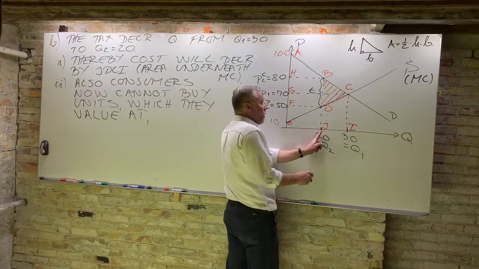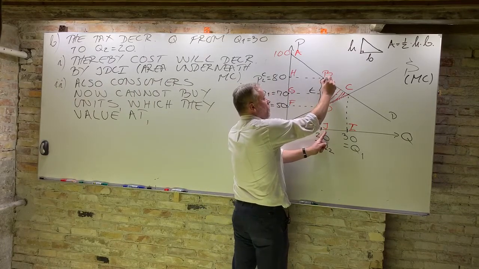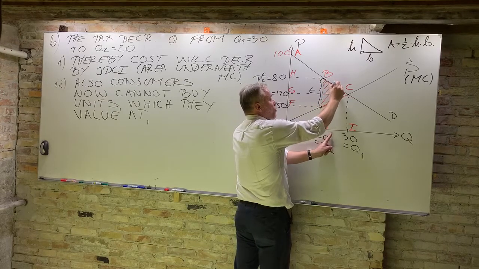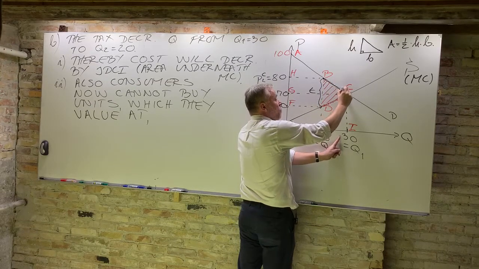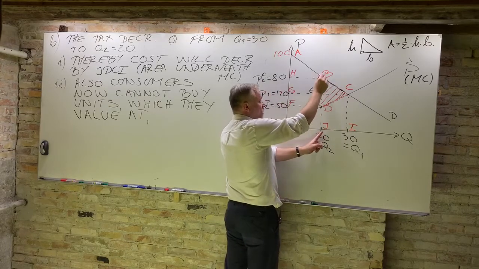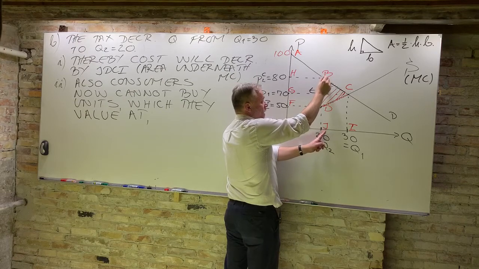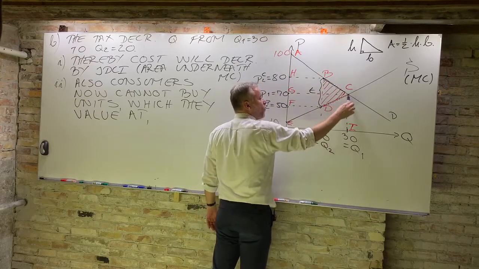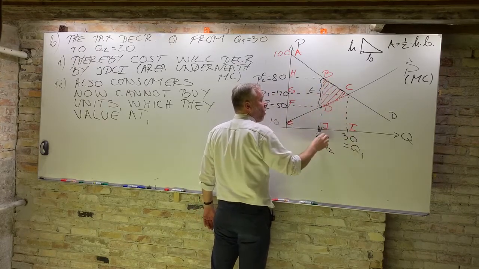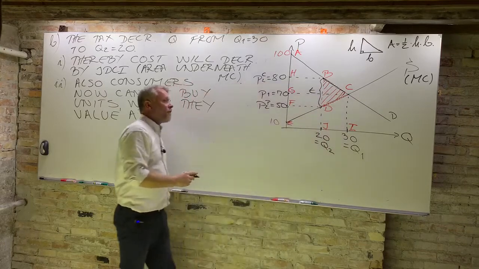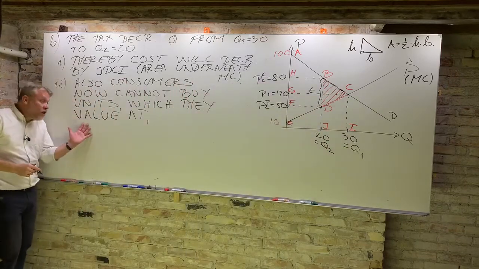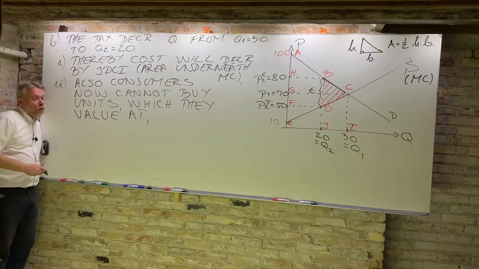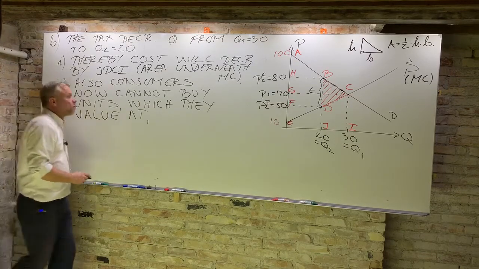And the answer is, remember that if you look vertically on the demand curve, you can see the price that the consumer buying that particular unit is willing to pay. And if you then add together what the person buying unit number 21 is willing to pay, if you add to that what the person buying unit number 22 is willing to pay, 23 and so forth, then you get graphically the area underneath the demand curve, and you must get, from an economic point of view, the value that consumers put on those 10 units.